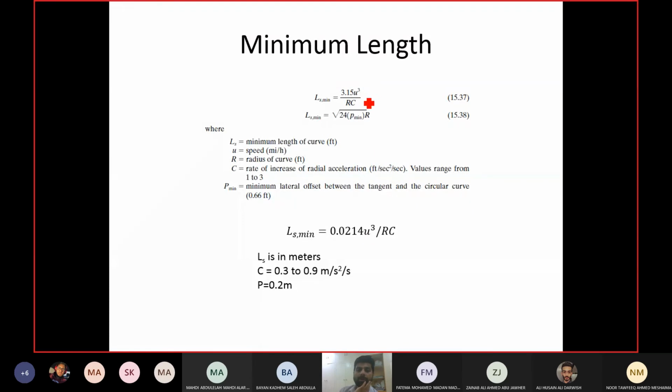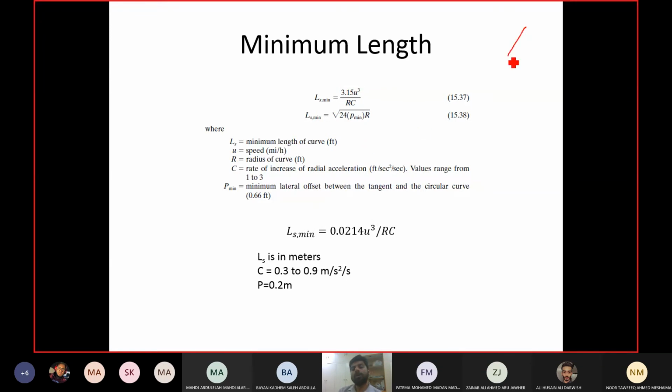The first equation is given in feet here, and then it is given in meters at the bottom. For the second equation, P minimum, R is the radius. P minimum is the offset generated because of the spiral curve between the tangent and the circular curve.